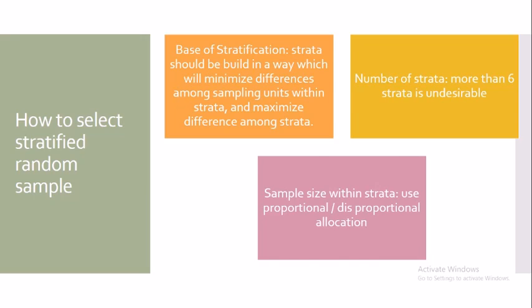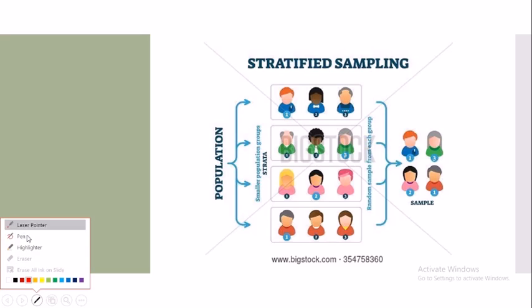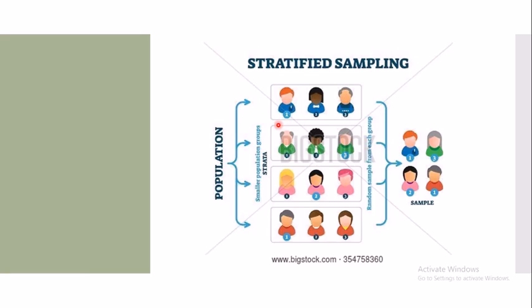Now let's see what proportional allocation is. In this example you can see that there are 12 individuals, and these 12 individuals constitute my population. I divided them into 4 groups, consisting of 3 members each.